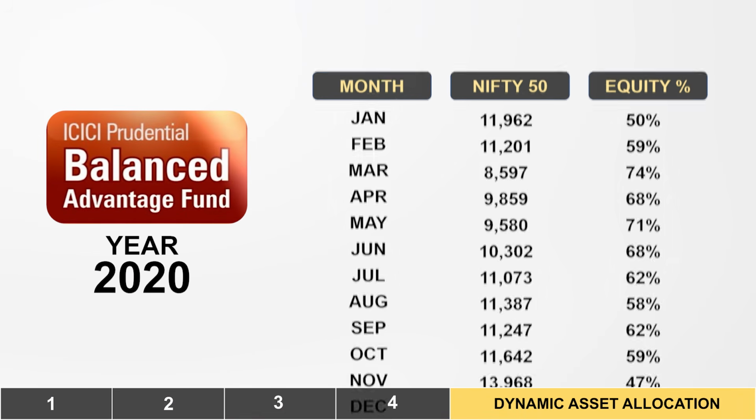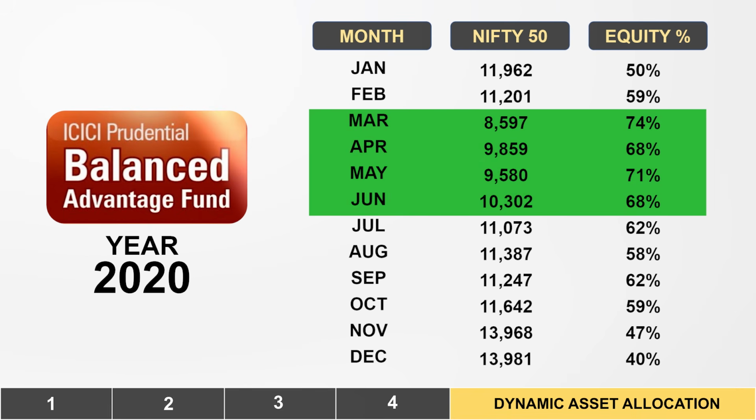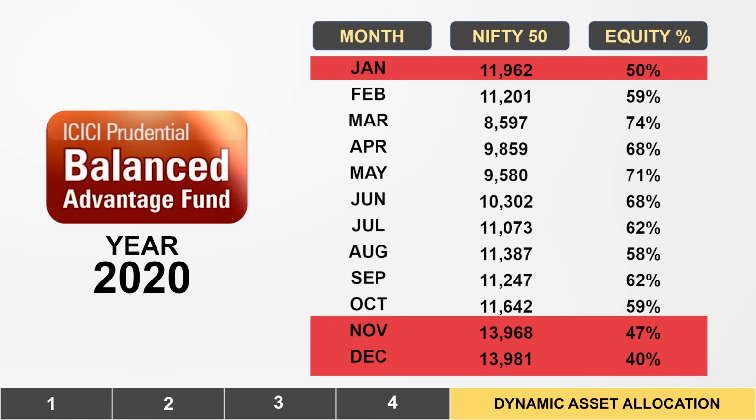This table here shows how this fund's dynamic asset allocation model hopped and skipped between equity and non-equity assets in the year 2020 as the stock markets went from high to low to high in that frantic year. So correspondingly, this balance advantage fund made the required asset allocation changes, often giving a higher allocation to equities when the stock market was depressed, and then pulling back in the months when valuations were reaching all-time highs.